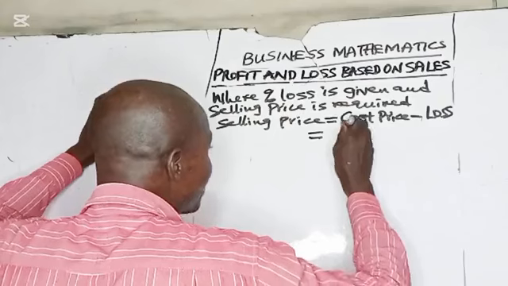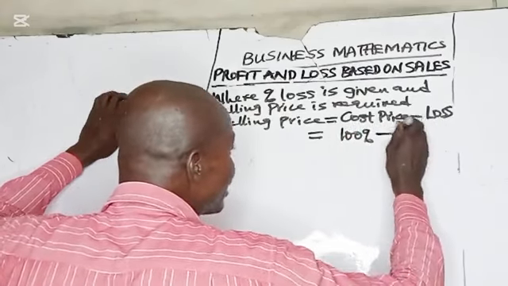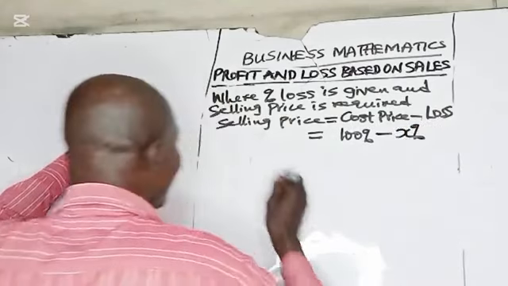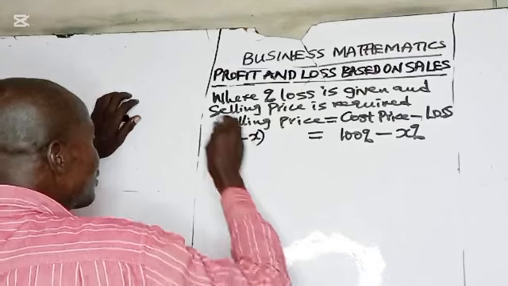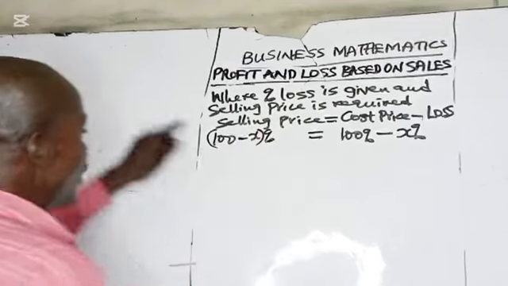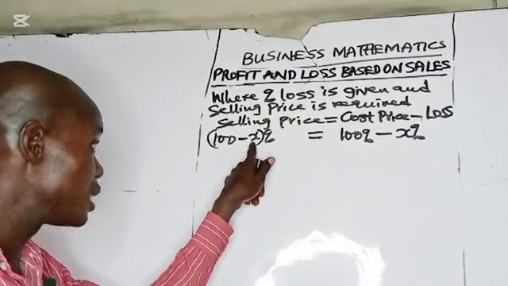I've told you cost price is always 100%, minus, if this is x percent. That is to show that the selling price is 100 minus x percent. Let us assume this is 2%. That means we have 100 minus 2, that is 98%.